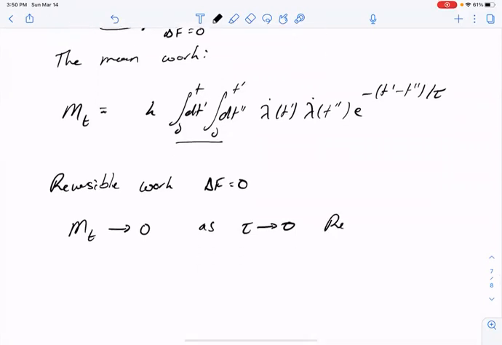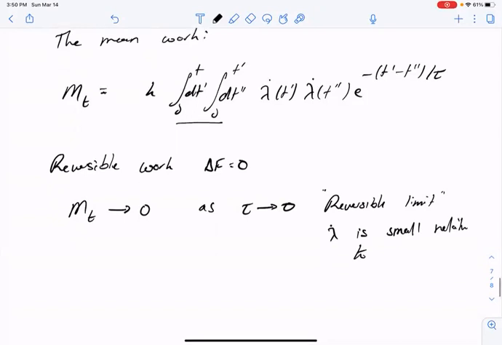So the reversible limit, the limit which thermodynamically is imagined to be some idealization, when we think about it from the context of the actual dynamics of the system, we can make very precise statements. The reversible limit is where the rate of change of this protocol is small relative to some characteristic time scale.